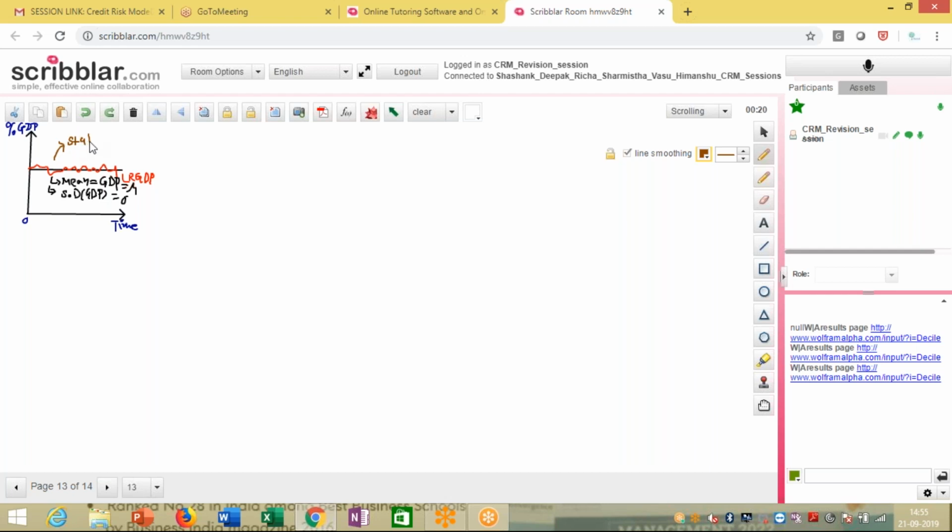What it says is that there are temporary fluctuations happening, but that is not really impacting the long run behavior of the GDP series, right? So this GDP series is a stationary GDP series. A time series is said to be stationary when the mean and variance of the time series remain constant over time.